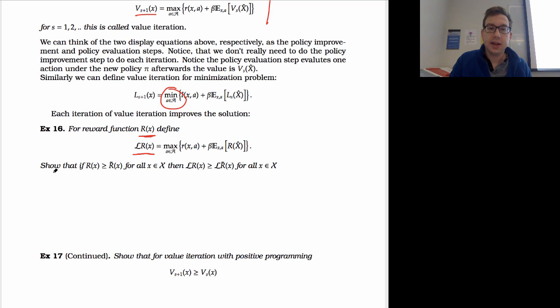And what I'm going to say here is if I have a reward R which is bigger than R tilde, then after I do the value iteration operation, that inequality remains the same. So let's just show that to start with. It preserves order, essentially, this operation here.